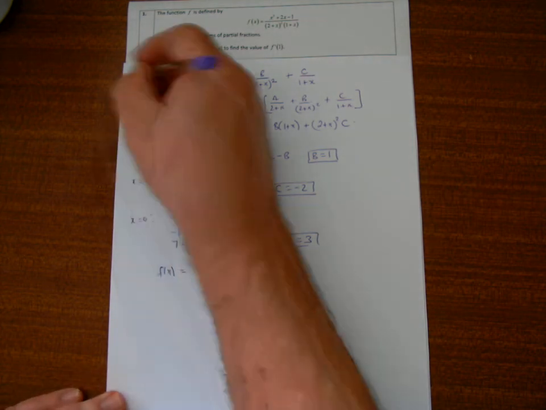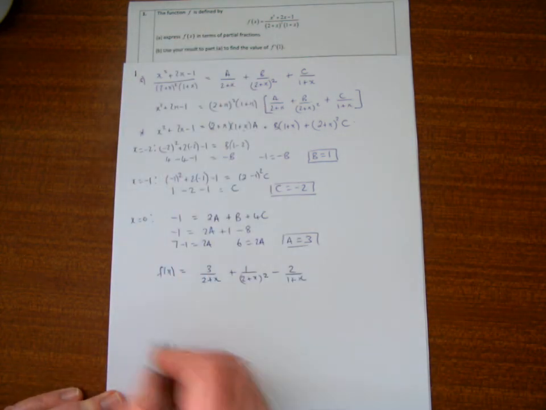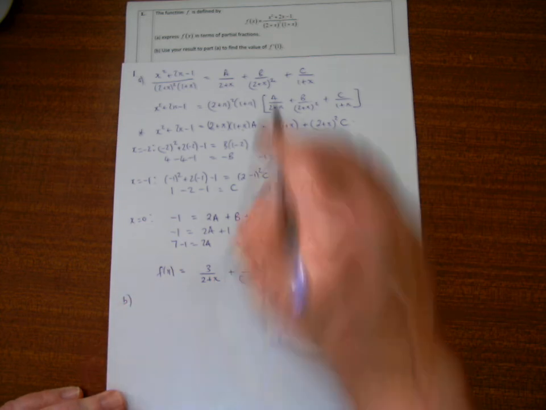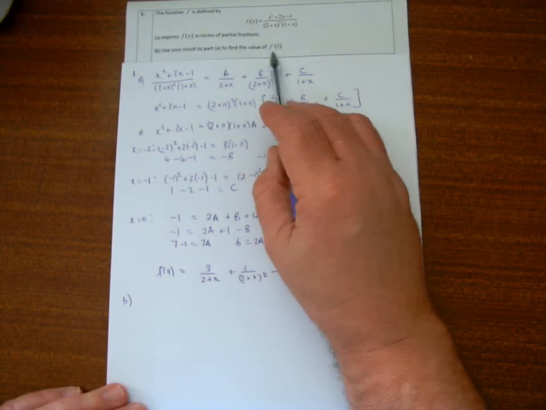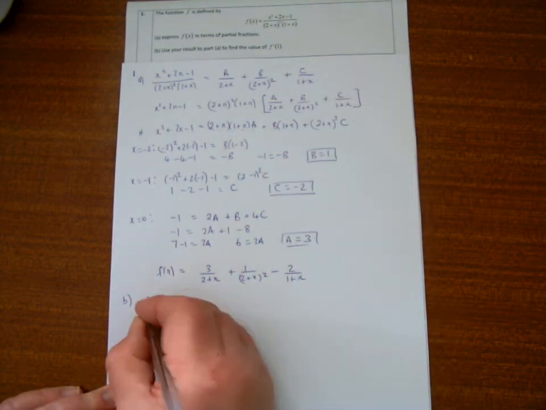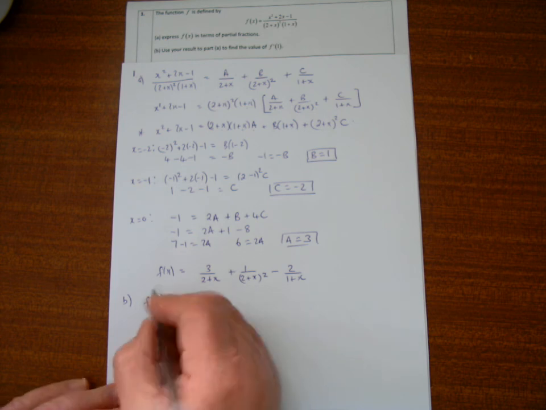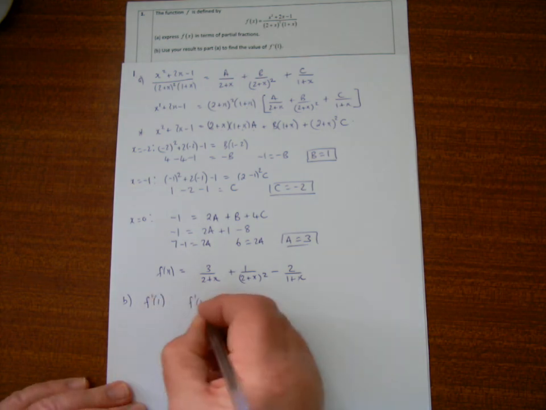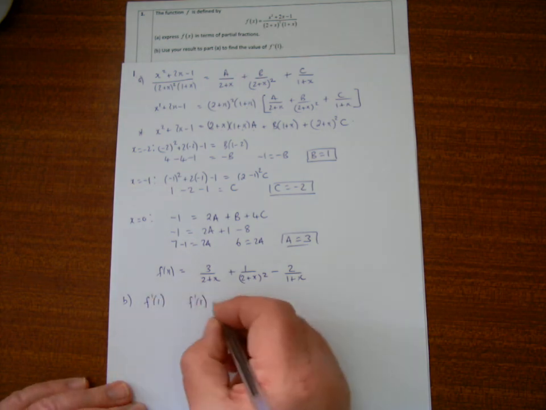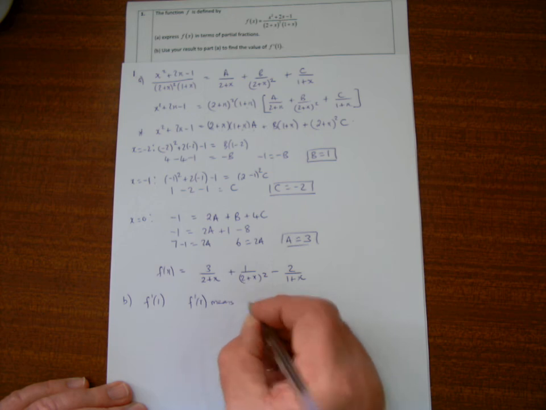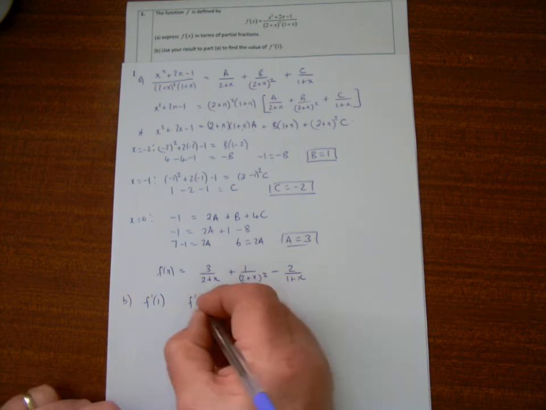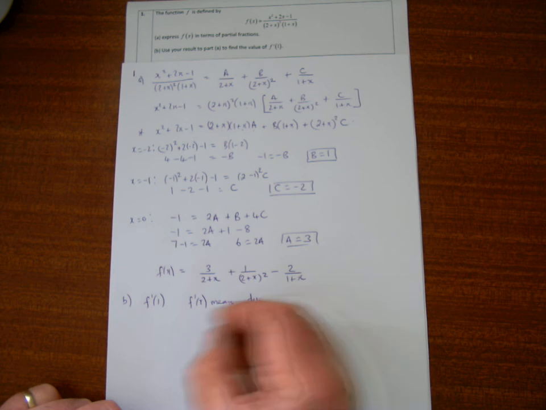That's part A. And part B, use the result in part A to find the value of f dashed of 1. Now f dashed of x actually means the same as finding dy by dx. So I'm differentiating, that's what f dashed of x means.